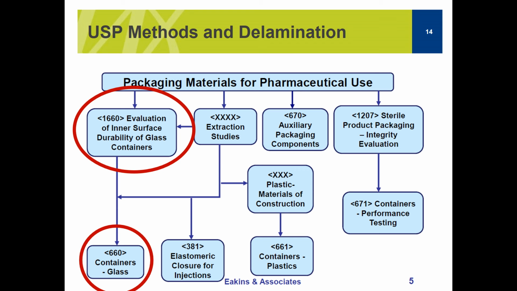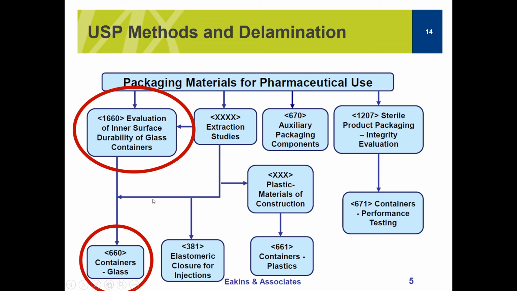So we talked about delamination, and we talked about the interaction between drug and glass. Now the second question is, well, how do you check for delamination? How do you see if it's there or not? And basically there are USPs for it, and the two major ones are USP 1660 and 660.